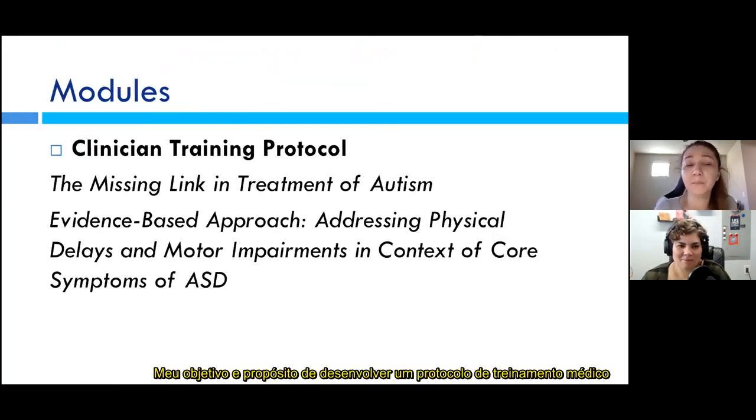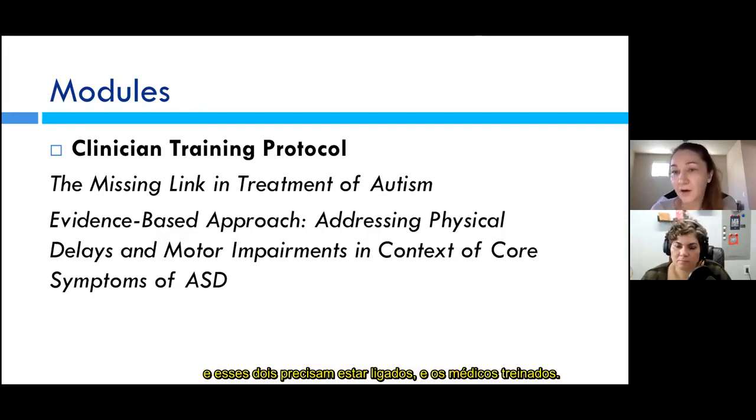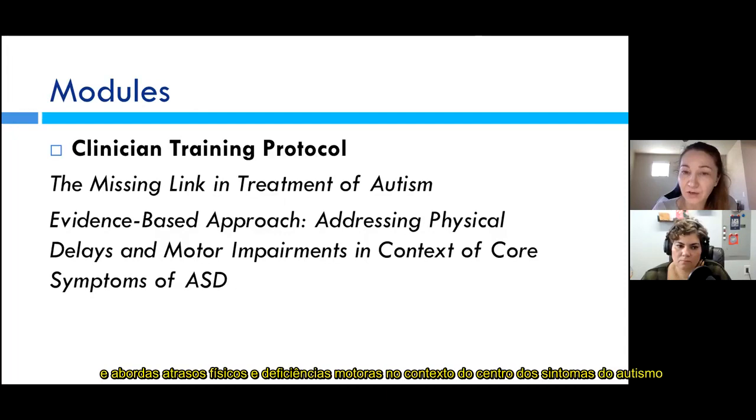My goal and the purpose of developing a clinician training protocol is because we have that gap where motor impairments are treated as a completely different area from the social communication area, and these two have to be linked, and the clinicians have to be trained. So it is an evidence-based approach, and it addresses physical delays and motor impairments in the context of core symptoms of autism.